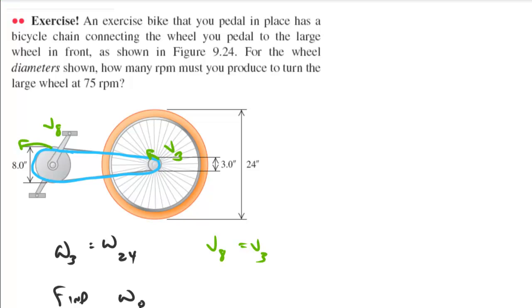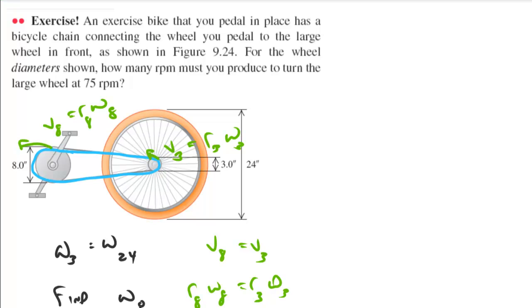But remember the linear speed, the tangential speed, is equal to the radius times the angular speed, right? So that's the radius of the 8-inch times the angular speed of the 8-inch. And V3 would be the radius of the 3-inch times the angular speed of the 3-inch, right? And so I can take this equation and say that R8 omega 8 is equal to R3 omega 3, right?